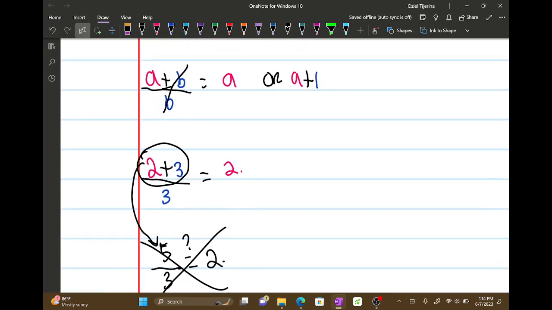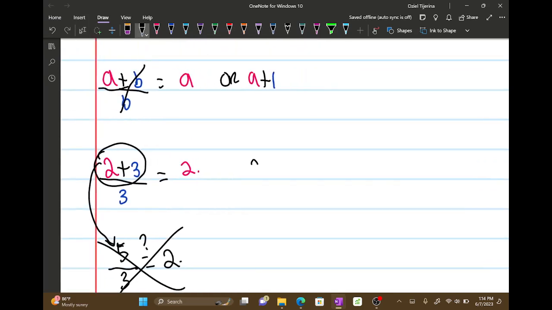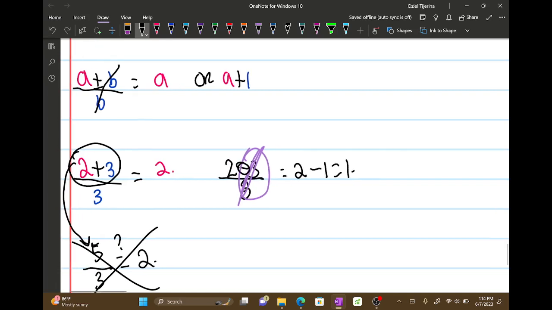That goes the same with minus. If I say 2 minus 3 over 3, I look at this and I'm like, oh, cancels out. It just becomes 2 minus 1, because we still have a negative here, and that just becomes 1.